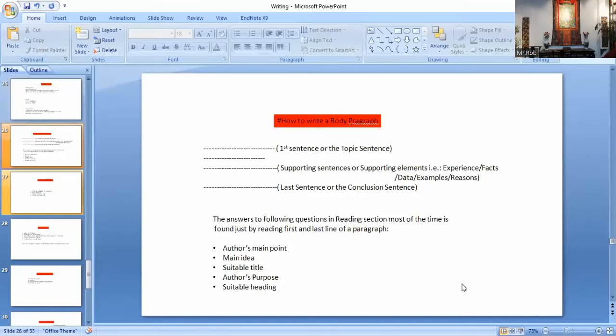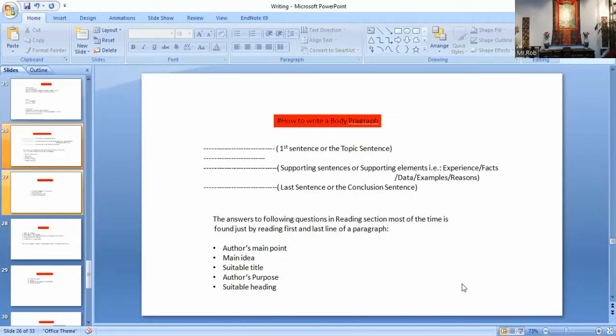So how to write a body paragraph? Remember, in a body paragraph, you should begin with the first sentence, the topic sentence, and the other sentences that follow should support the main idea of that paragraph. And the way it is supported is by the use of what?